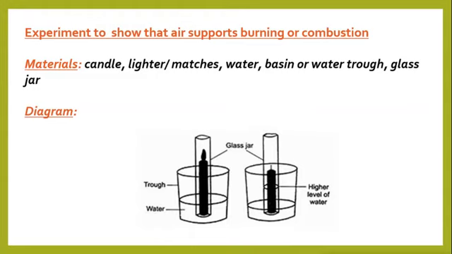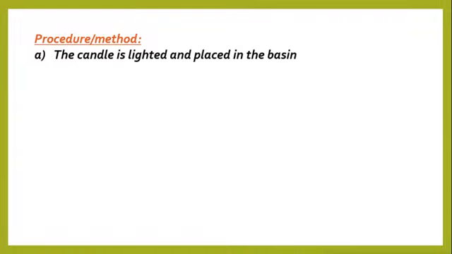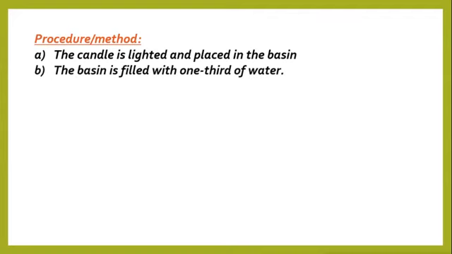All right. So procedure. One, the candle is lighted and placed in the basin or the water trough. So that's what we do first. Two, the basin is filled with one third water. So you now fill the basin with some water, but the water shouldn't cover the candle.